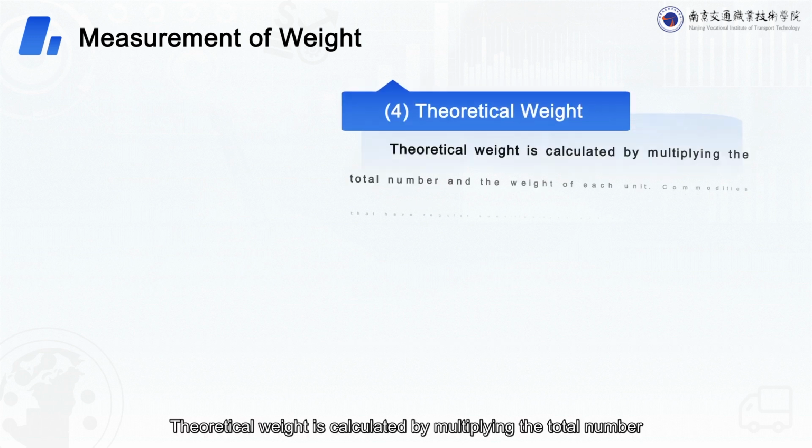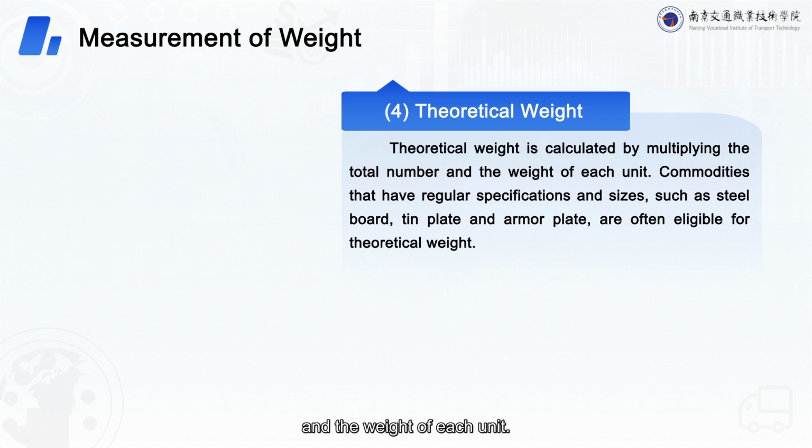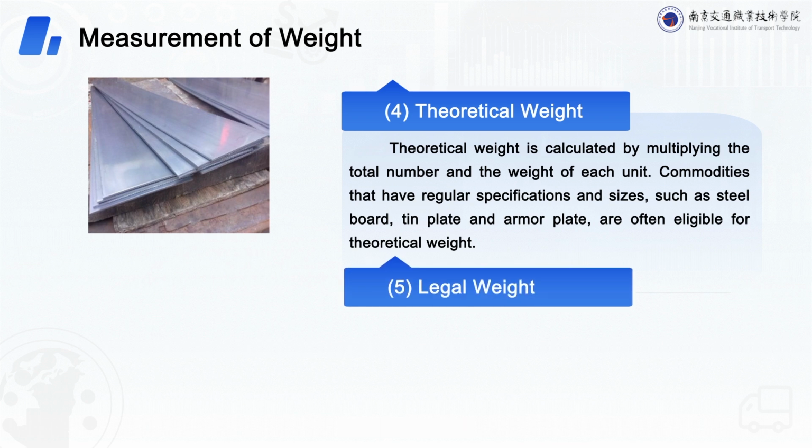Theoretical weight is calculated by multiplying the total number and the weight of each unit. Commodities that have regular specifications and sizes, such as steel board, tin plate, and armor plate, are often eligible for theoretical weight. 5. Legal weight.